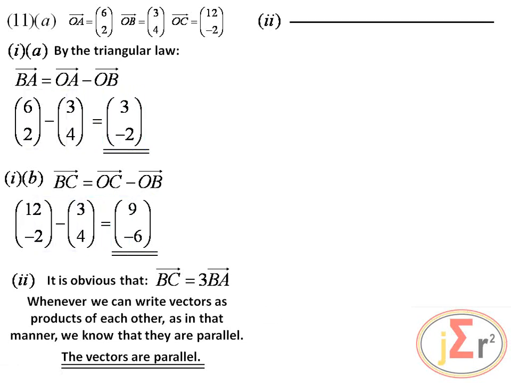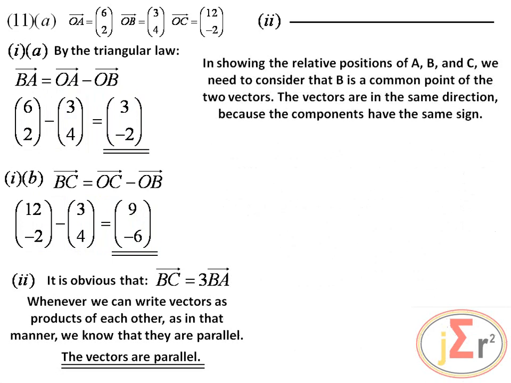Now it is required that we draw a sketch and show the relative positions of those points. In showing the relative positions of A, B, and C, we need to consider that B is a common point of the two vectors. B is a common point in the vector BA and BC.